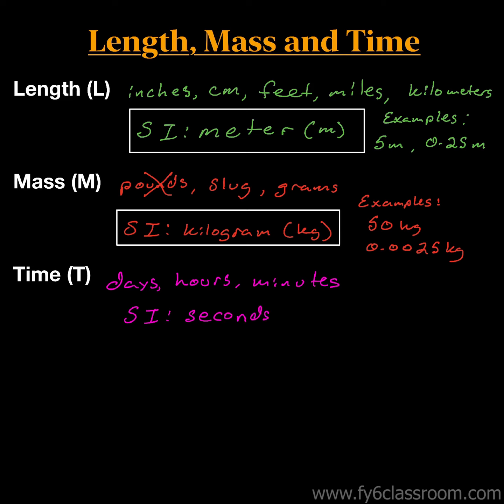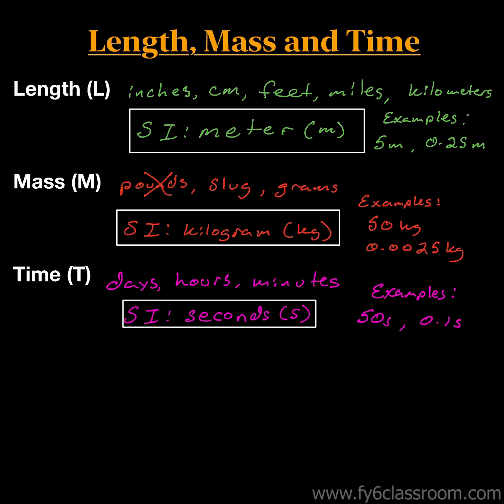So we'll use seconds to represent time with the letter s as the unit. A couple examples would be any number with seconds after it. So you could say 50 seconds, or something as small as 0.1 seconds.